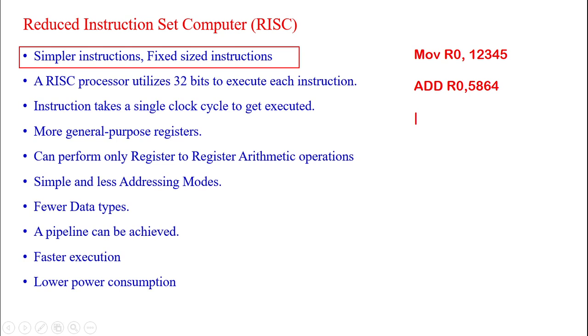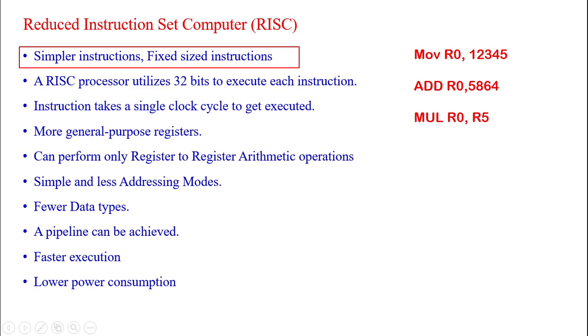These are all very straightforward instructions. And if you want to multiply R0, comma, R2, something like this. Very straightforward definitions. That is why RISC processors will have straightforward definitions and straightforward instructions.